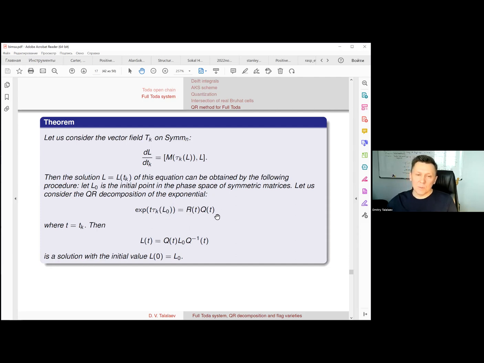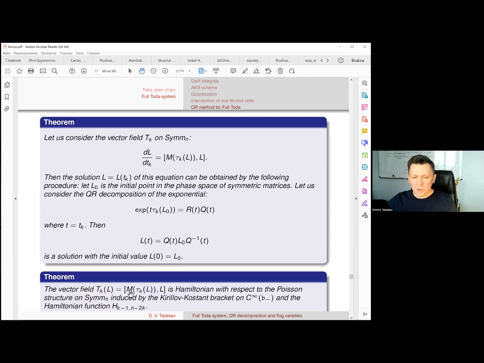So we make the QR decomposition, but here in the inverse order. Then this operator is a solution for this equation with the initial value L0.